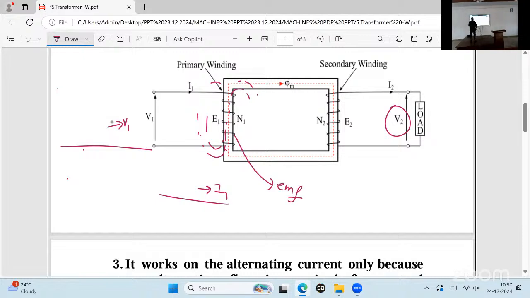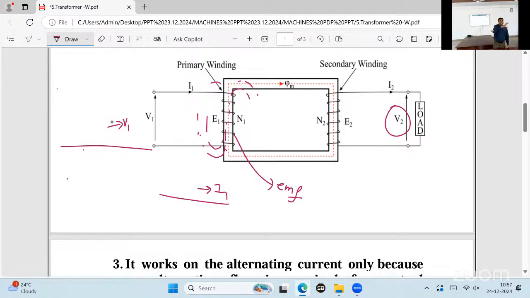Faraday's first law: whenever a flux links with the coil, we get an EMF called E1, self-induced EMF. We got one more voltage across the coil. Why did we get this? Because of Faraday's first law.